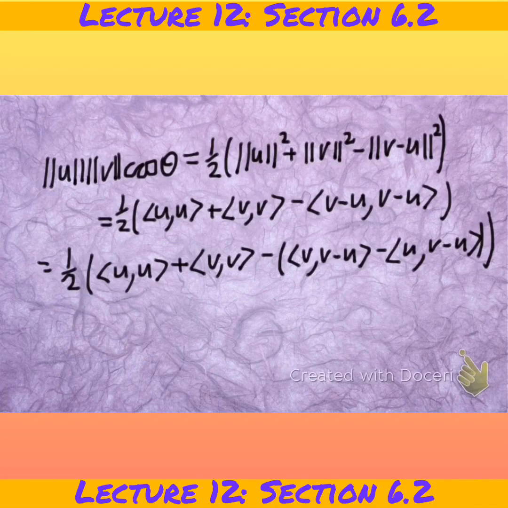Applying the axioms of the inner product, we know that we can express this inner product as the inner product of v with v minus u, and the inner product of minus u with v minus u.